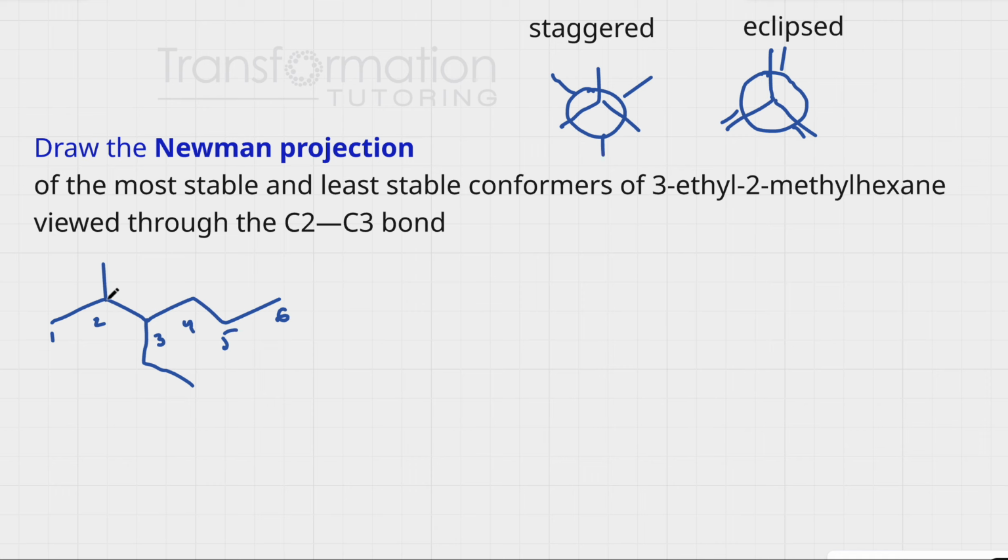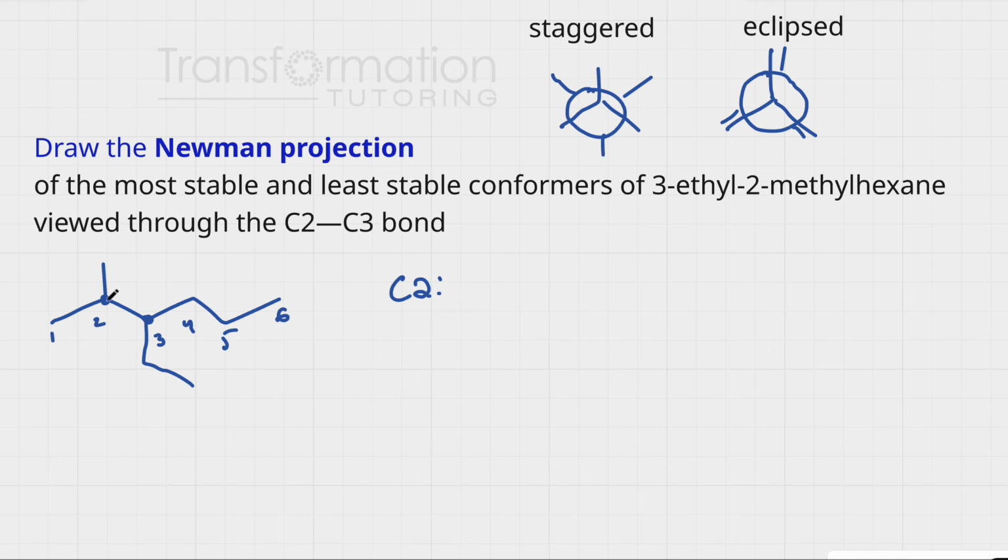Now we're supposed to look at carbon 2 and then at carbon 3. Let's first write out all of the groups that are attached to carbon number 2 except for carbon number 3, because it's behind it.